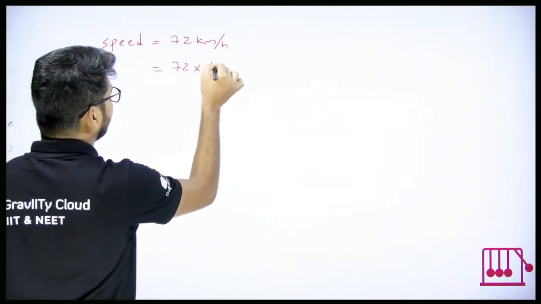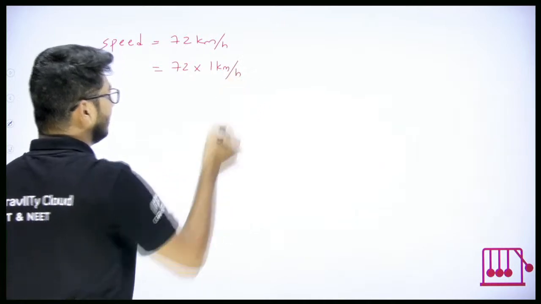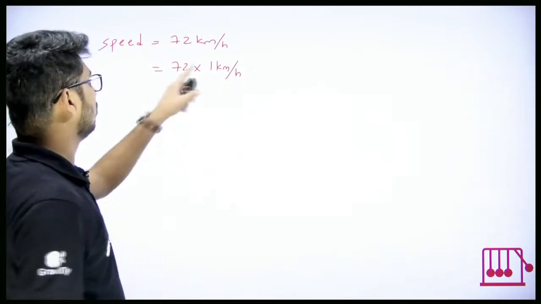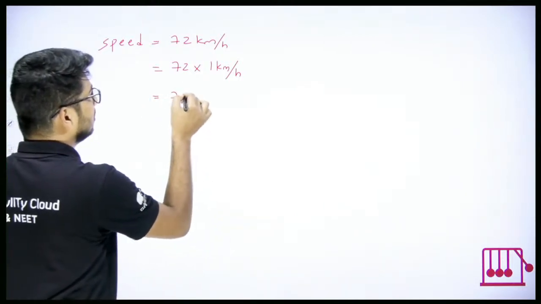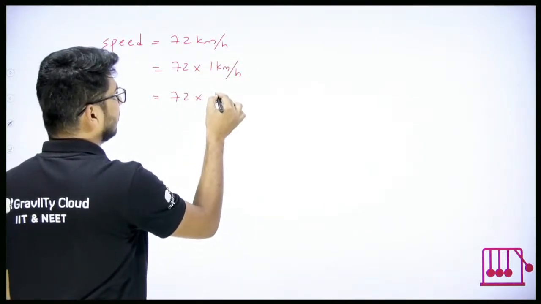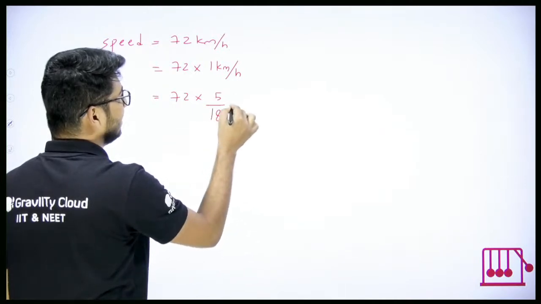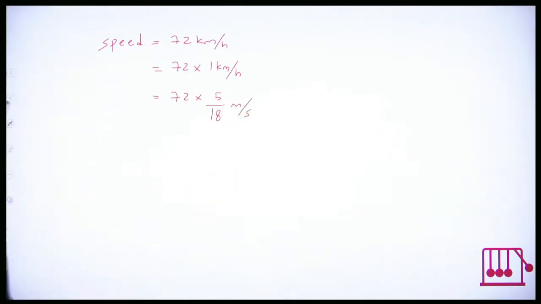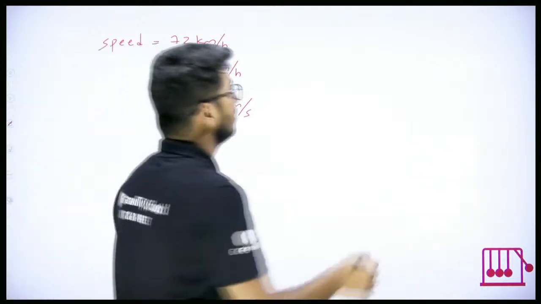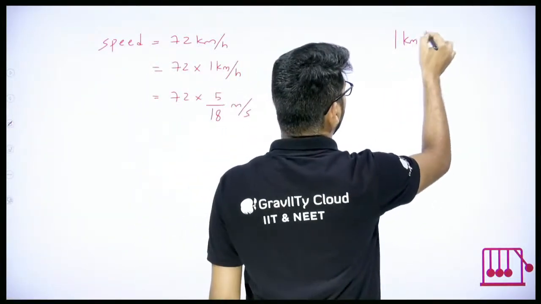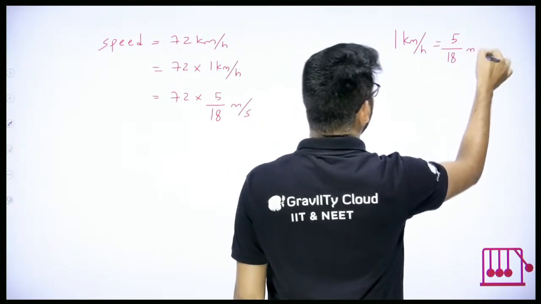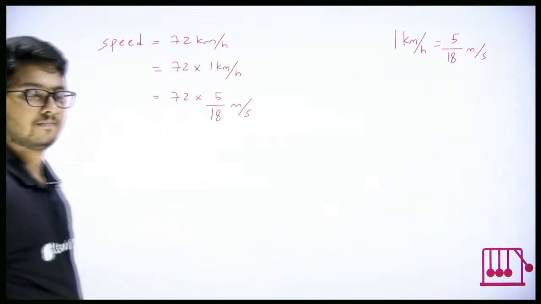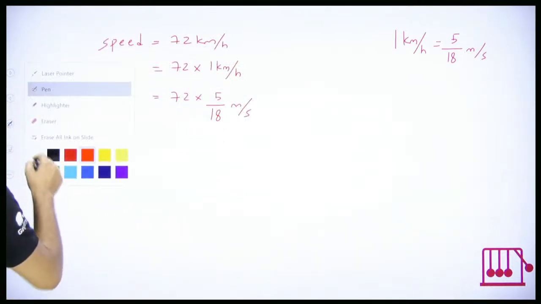This can be written as 72 into 1 kilometer per hour. 72 into 1 is equal to 72. Then, what is 1 kilometer per hour equal to? 1 kilometer per hour is equal to how much? We know that. 1 kilometer per hour is equal to 5 by 18 meter per second. Yes? Good.